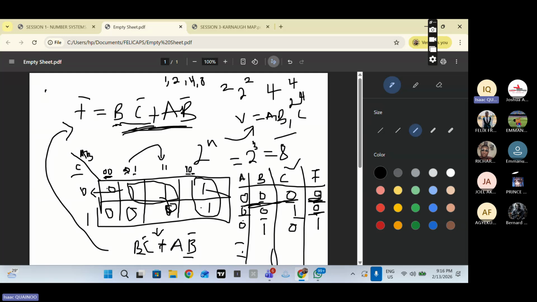But when you have 3 variables, you are going to have 0, 0, 0, 0, 0, 1, 0, 1, 0, and so on. You have 8 different combinations. So you take each combination and insert it into the function, and the result you get will be the corresponding F value.